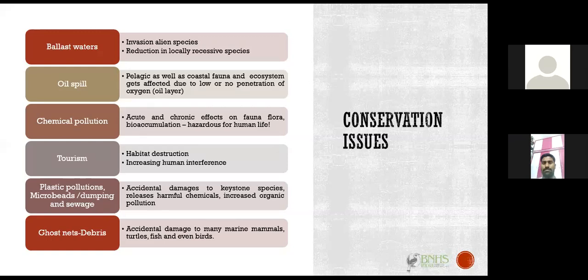There are other issues such as ghost nets, which accidentally damage marine mammal species, fish, and sometimes pelagic birds.